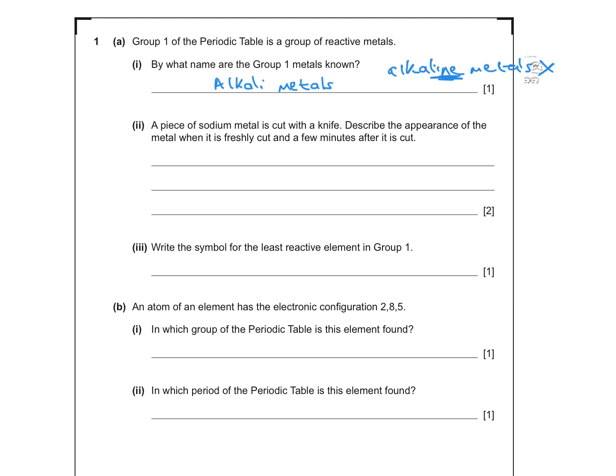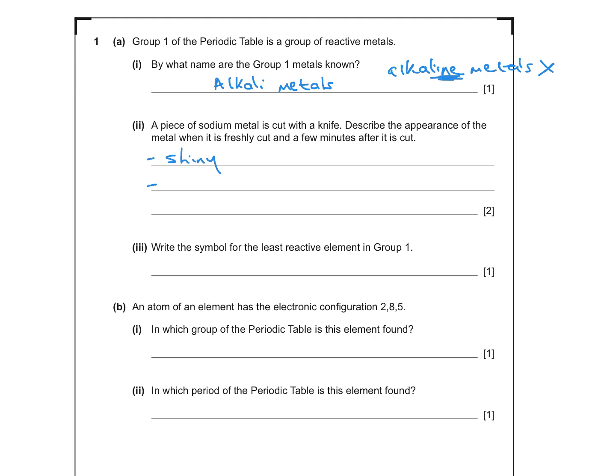Well, a property of all metals is that they are shiny. Now, reactive metals like sodium, potassium, they initially don't appear shiny because they react with oxygen and some moisture in the air, and they will go dull. But initially they are shiny, and if you cut them, you'll see that shiny surface.